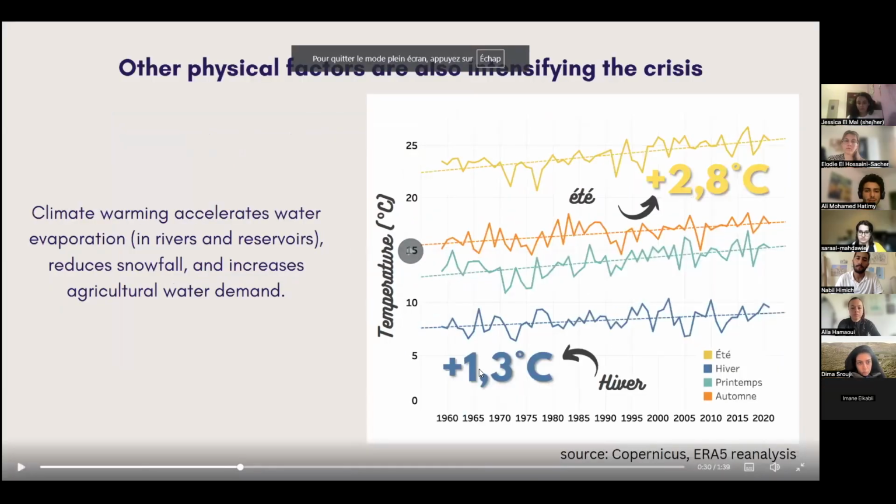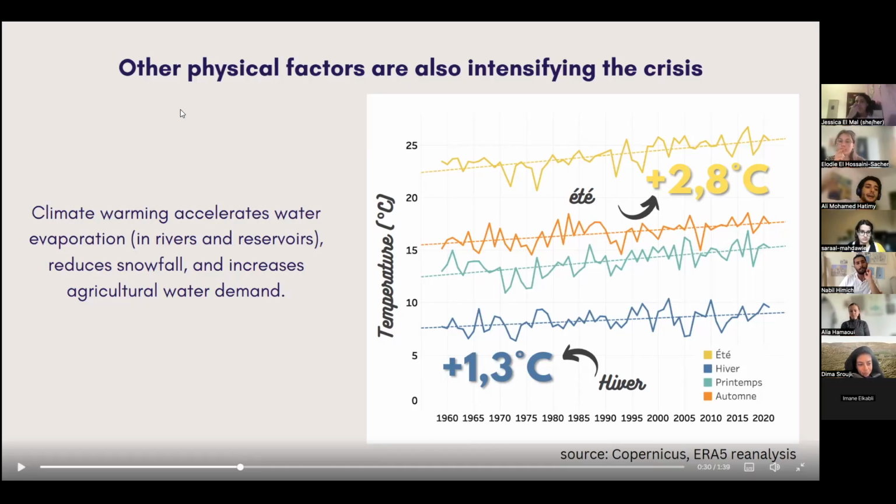So why is this challenging? Also because when you have a higher temperature, you have higher evaporation rates. So higher evaporation for the rivers, for the water reservoirs, dams, etc., which puts more pressure on the water resource, and also on cities, with heat waves, thermal comfort, etc., but also on the ecosystems and the agricultural sector.